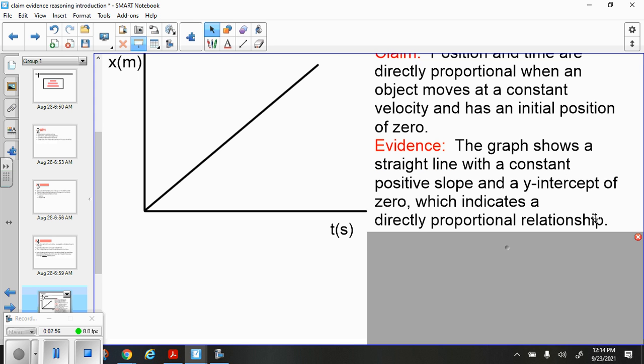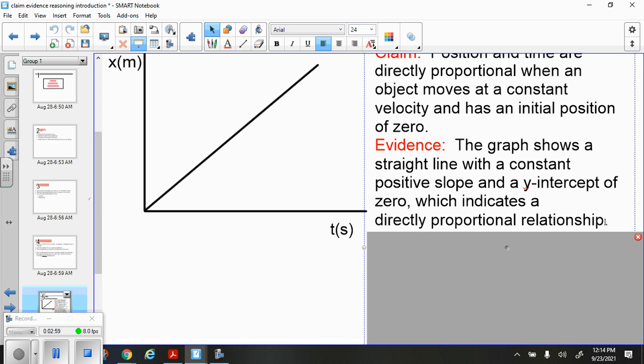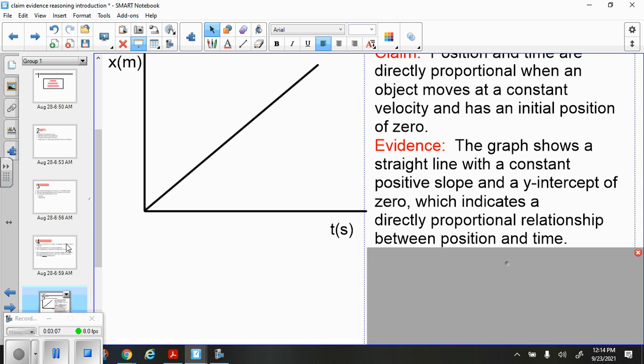I could actually probably add here between position and time. So I've stated my piece of evidence, and then I've added exactly how it supports my claim. I've tied my evidence directly to my claim.